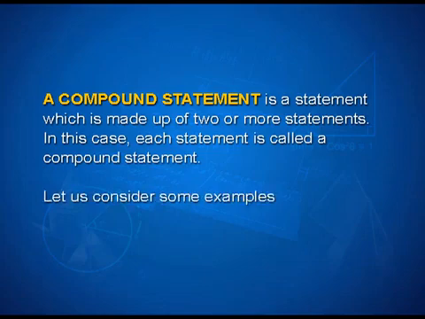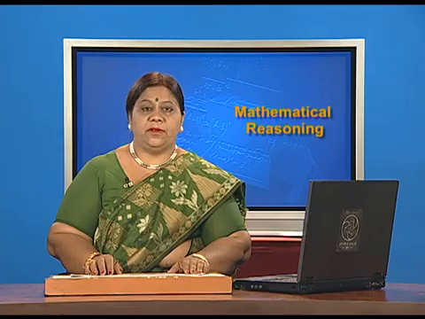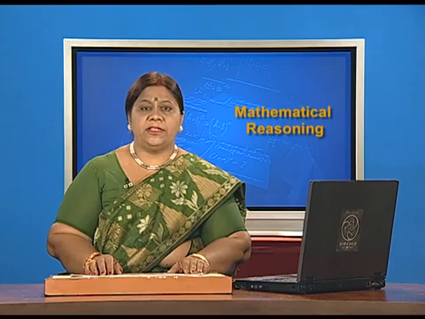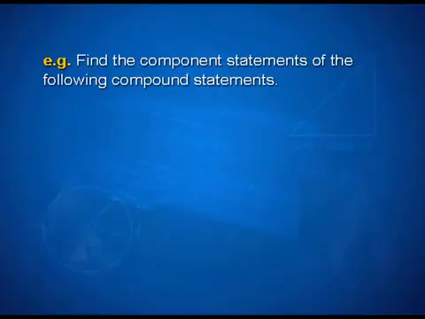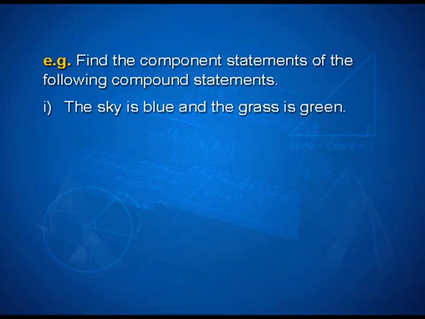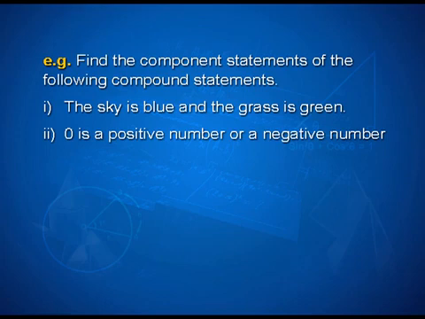Let us consider some examples. Example 1. Find the component statements of the following compound statements. First, the sky is blue and the grass is green. Second, 0 is a positive number or a negative number. Let us look into the solution.